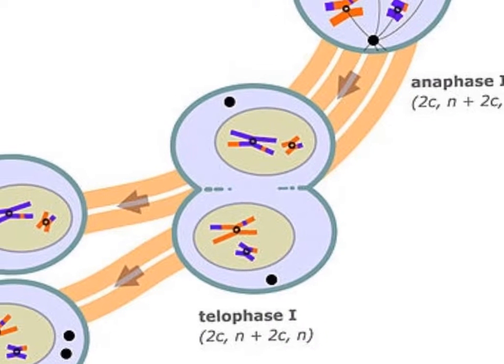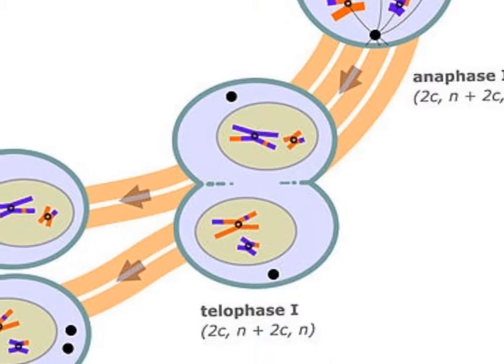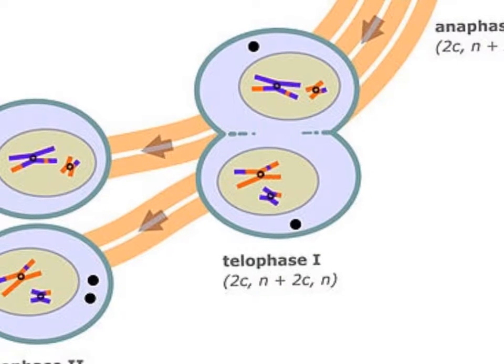When you get to telophase, notice how many chromosomes you have. How many centromeres do you see here? Only 2 in each cell. That's why it's 2C. Don't worry about that.